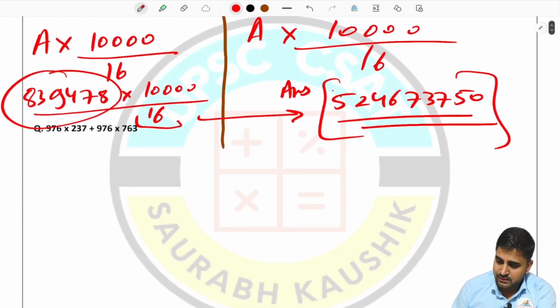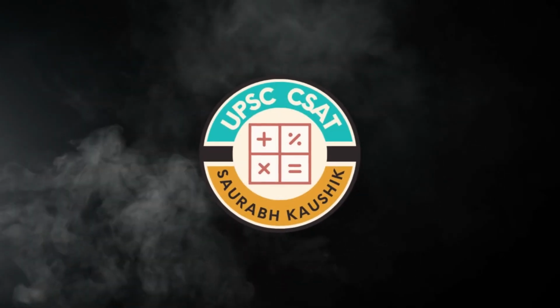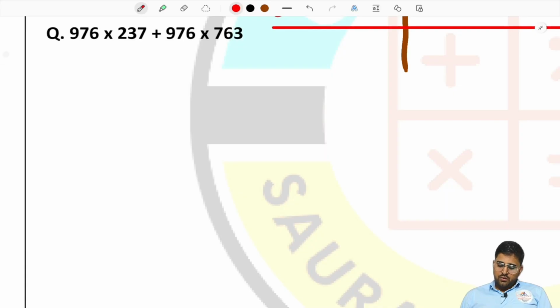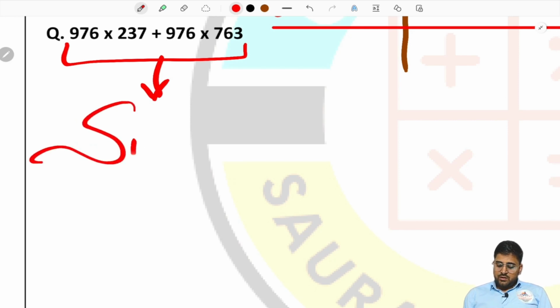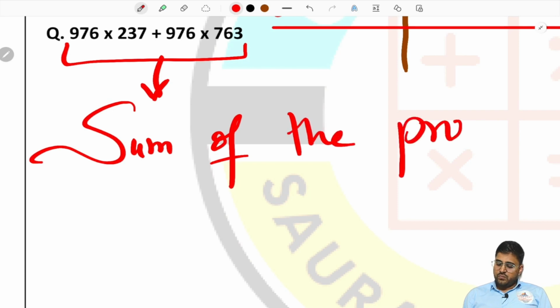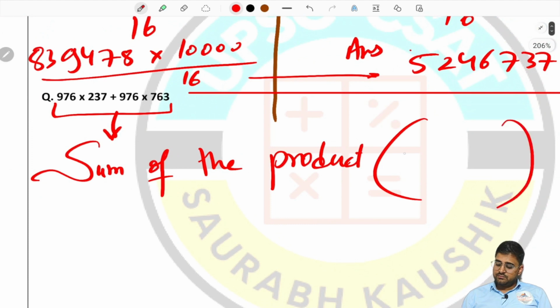I need some space, please wait. So now in this question, the demand is please solve the sum of the products, which is also known as SOPs.